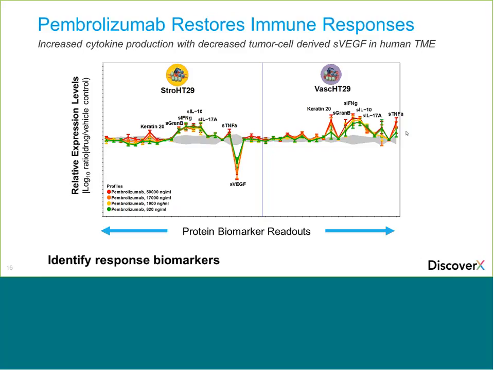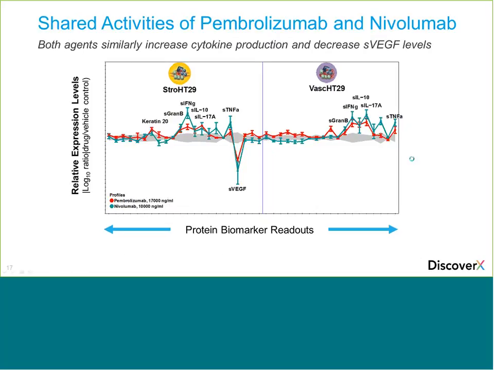So we've taken this approach with pembrolizumab and applied the same assay to nivolumab, which is again an anti-PD-1 drug from BMS. And we can observe that both of these have strong overlapping functions, as would be expected between the two.